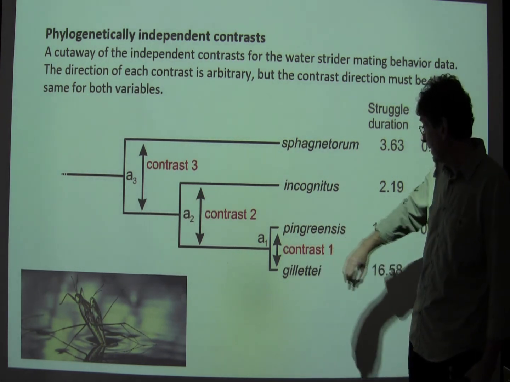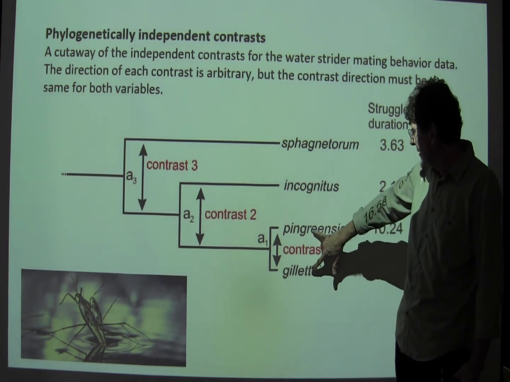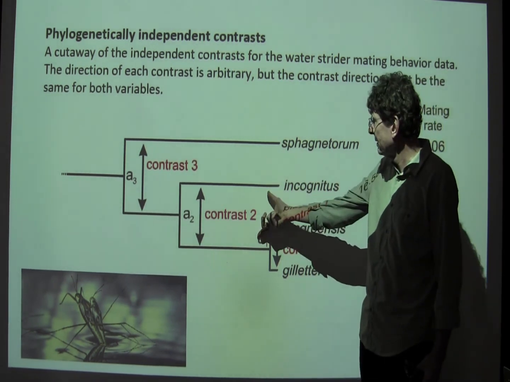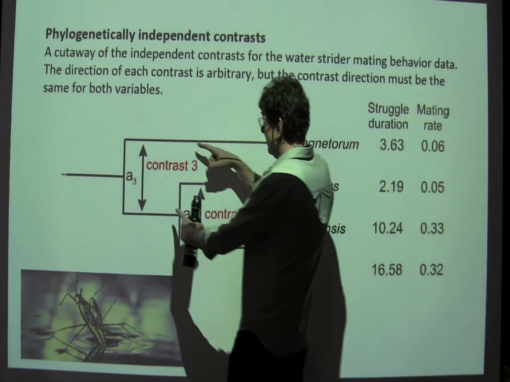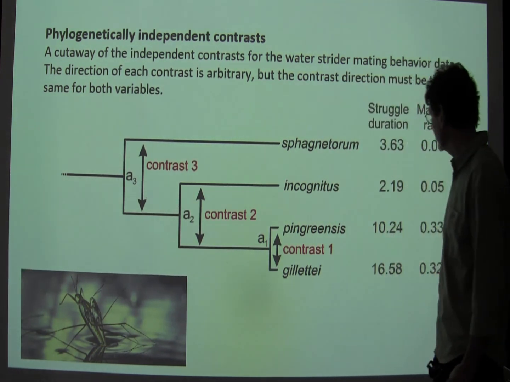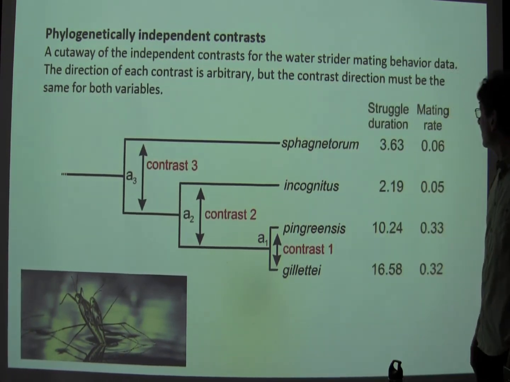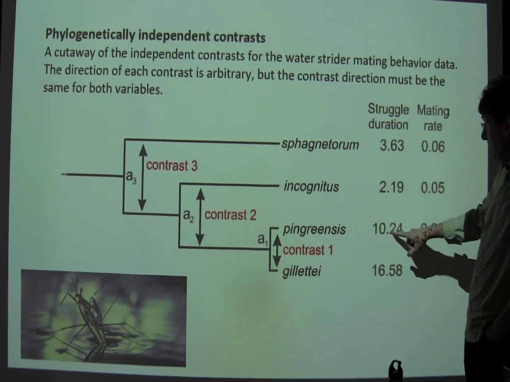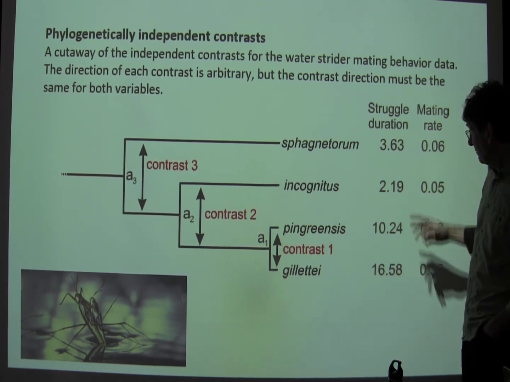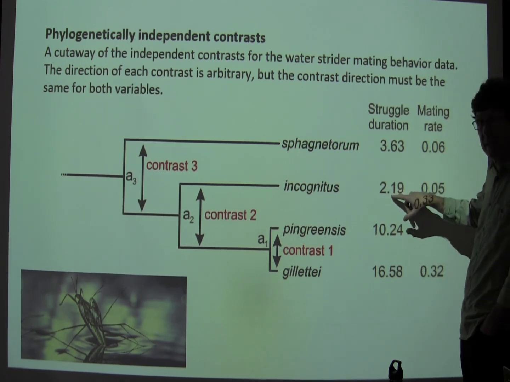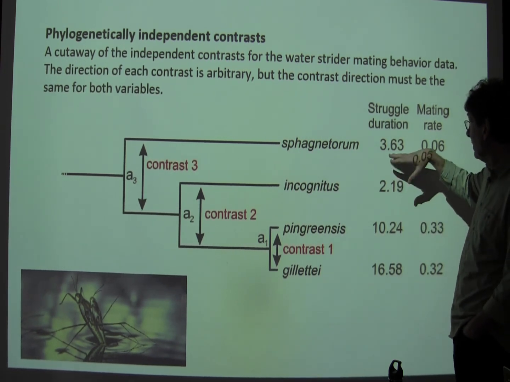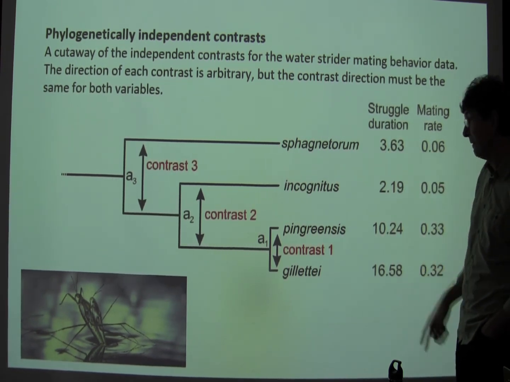And so Felsenstein's claim is that this contrast is independent of this contrast, is independent of this contrast. And then to calculate these contrasts, we calculate the difference between these two species, the difference between the average of these two species and this third species, and then finally the difference between this species and a weighted average of those three.